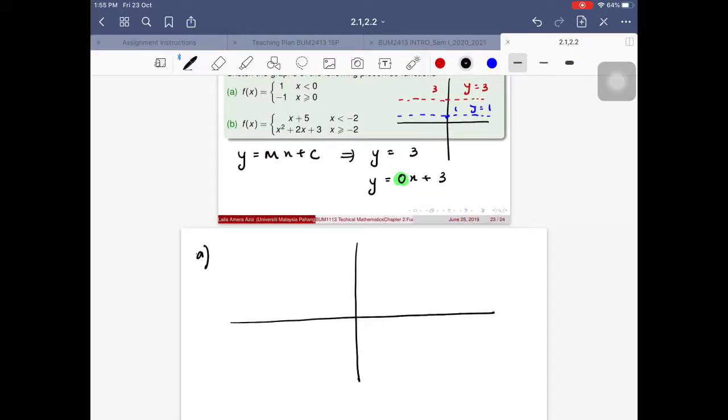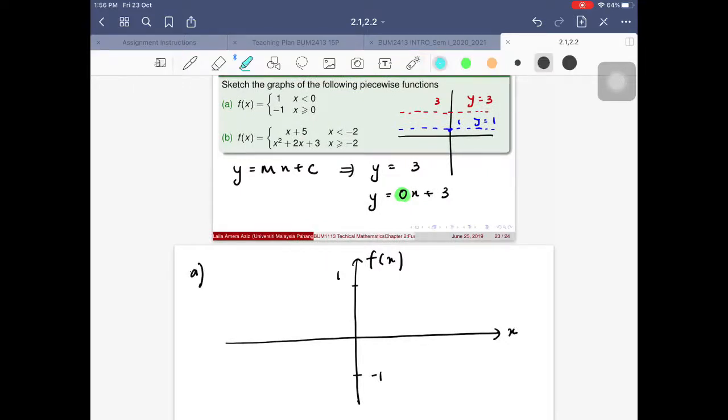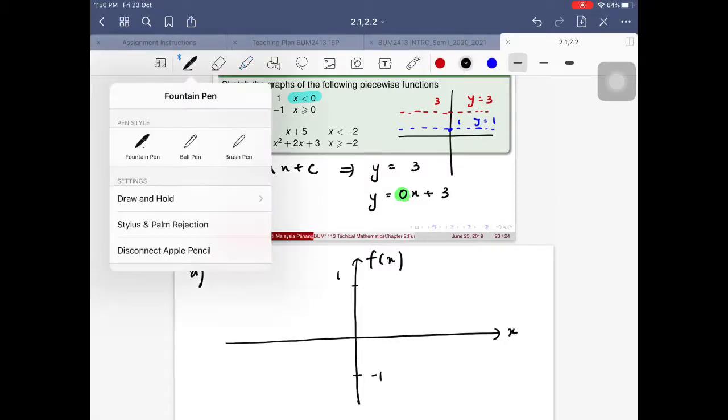It's going to be 1 and negative 1. So this is going to be my x-axis, and this is going to be my f of x. I'm going to put here negative 1 and up here a value of 1. The thing is that I have to be mindful about the range, about the interval. So when x is equal to 0, the function is going to equal 1. But is 0 included?